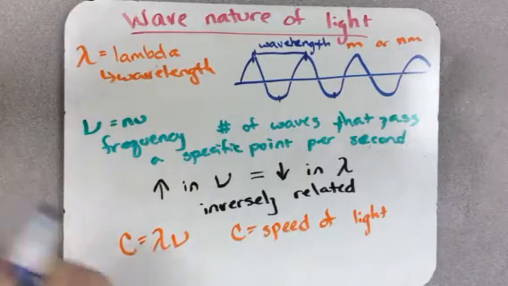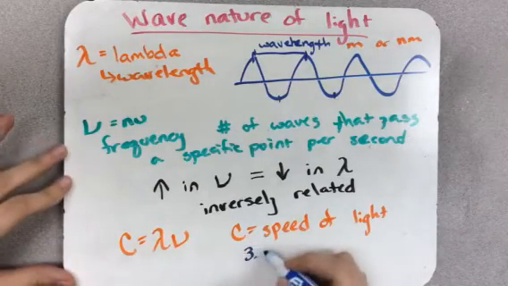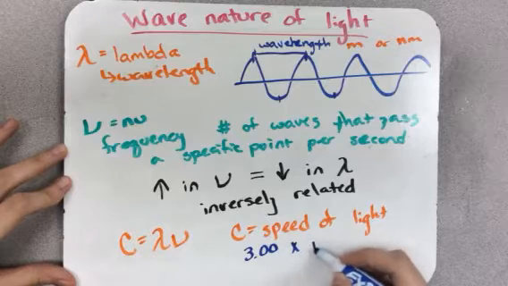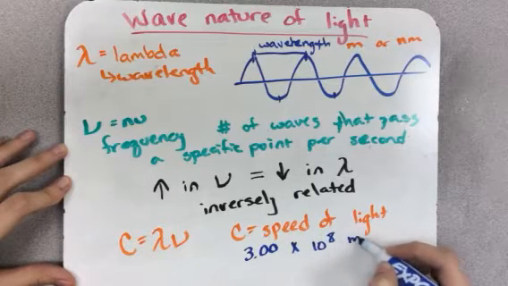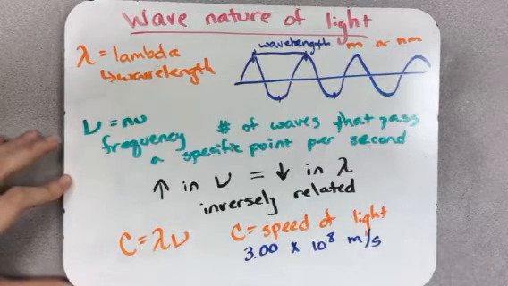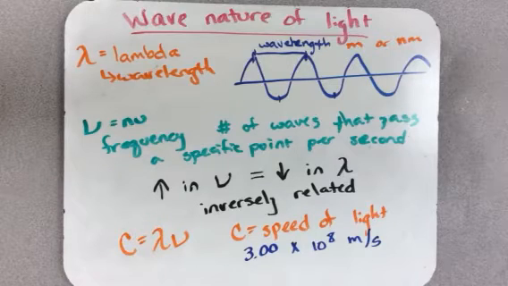And the speed of light in a vacuum is always going to be 3.00 times 10 to the 8th meters per second. Okay, so this is a constant that you're going to want to actually remember. You're going to be using it pretty frequently when we're talking about the nature of light.